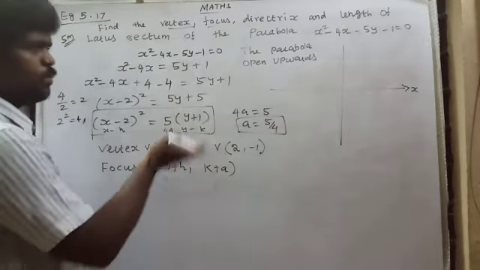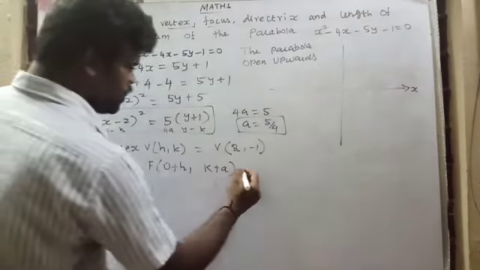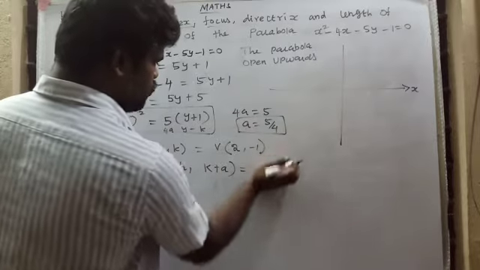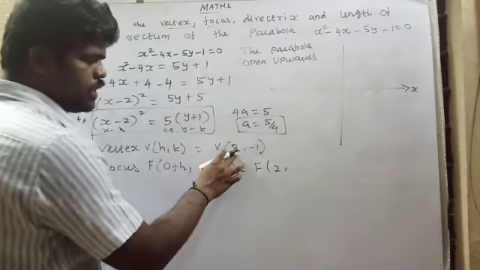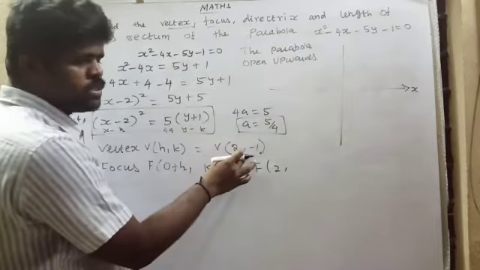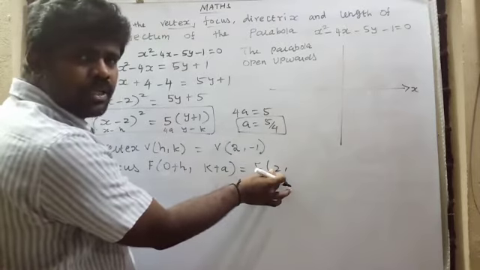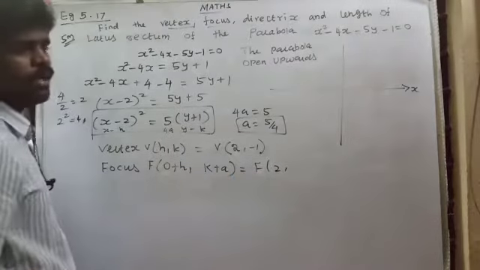So the formula is 0 plus h comma k plus a, because the distance is added to a or downward to a. Here this is an upward parabola, so we have to add the value a. We write the x value directly, and we want to find the k plus a value.